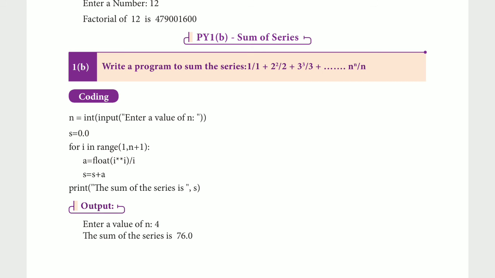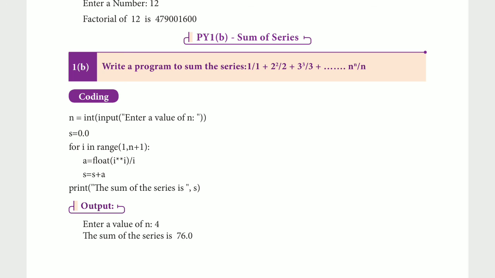Now a is equal to float of i star i, which means 1 to the power 1 divided by 1, which is 1. The next is s is equal to s plus a.